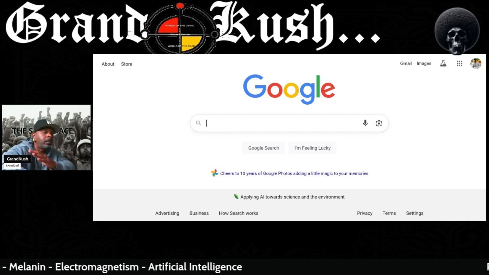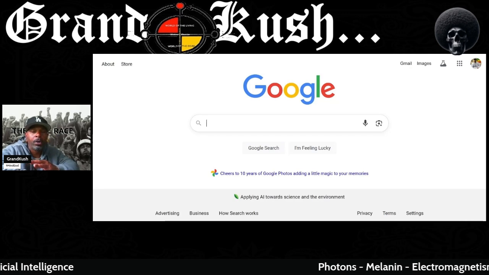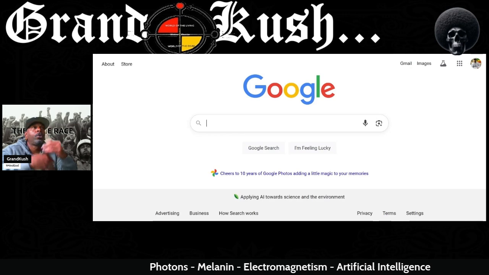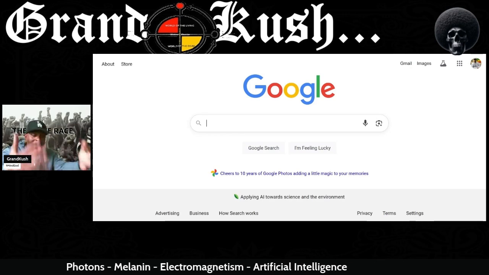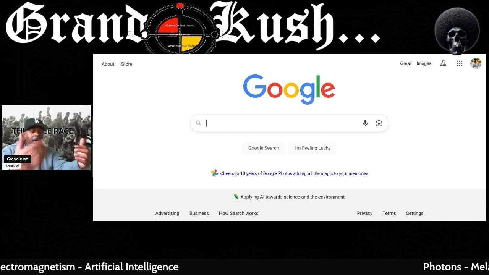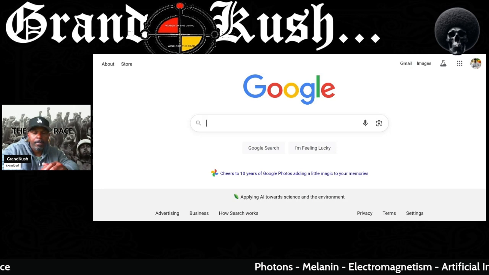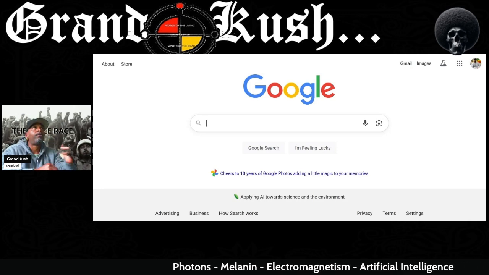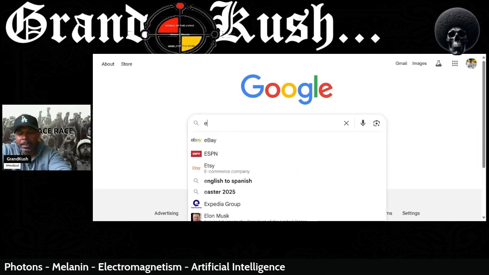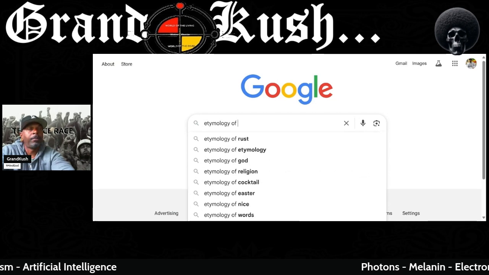Melanin is this UV absorber. Computers work on electronics, electricity. Melanin is a conductor of electricity and magnetism. First, let's look up the etymology of computer.